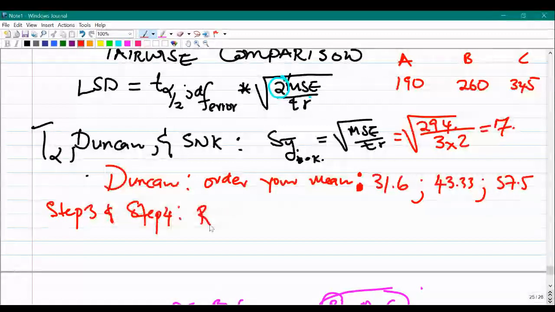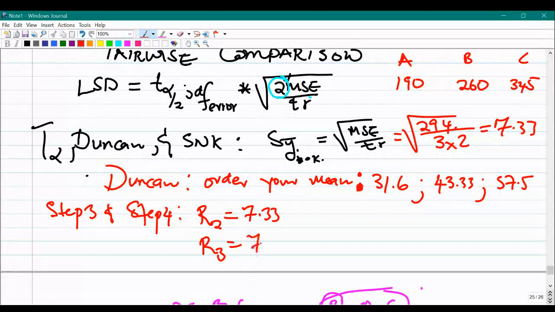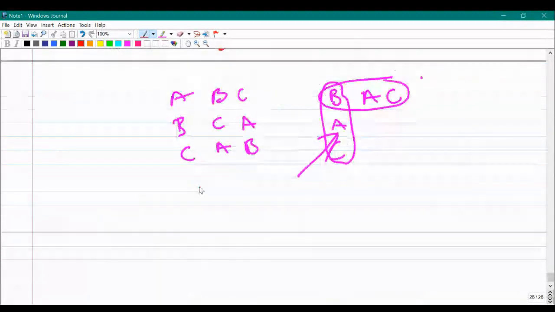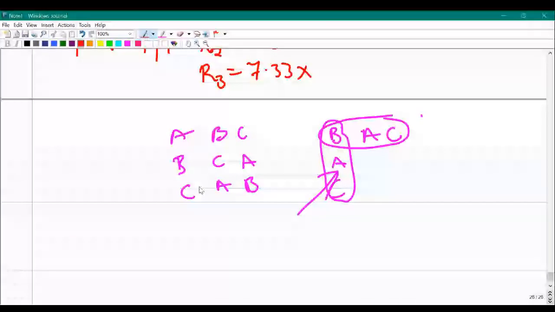Now you find your R2 and R3. Can someone go to the Duncan's table and get two values which are in line with degrees of freedom of error, which is 11?